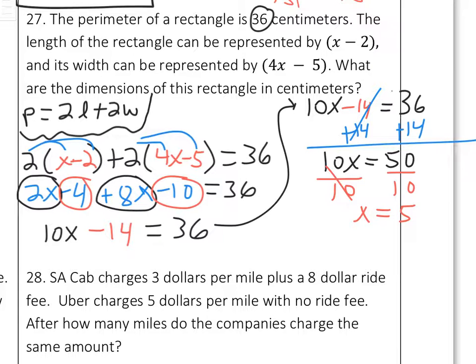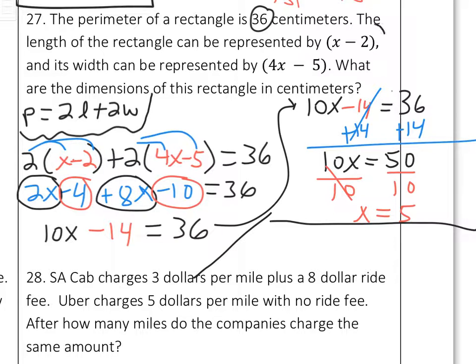Now we did solve for x, but the question asks, what are the dimensions of this rectangle? So we have to go back to our equation. The perimeter is equal to 2L plus 2W, except now we plug in what x is equal to.